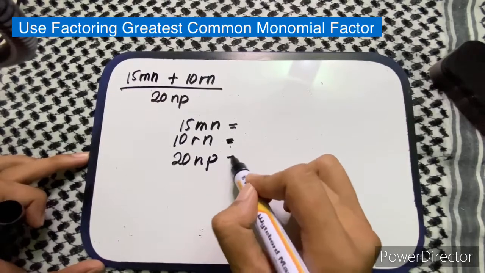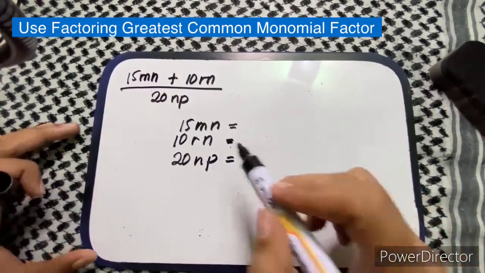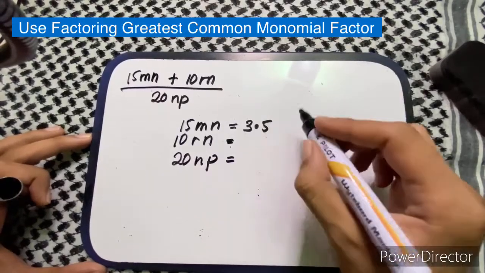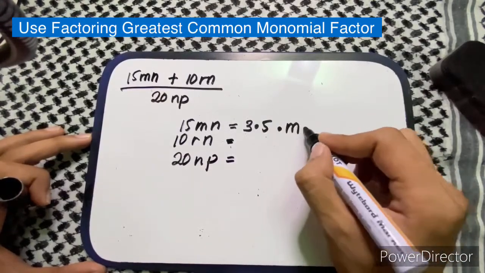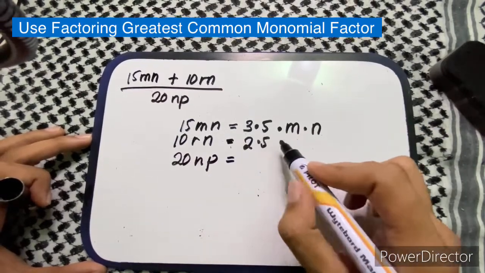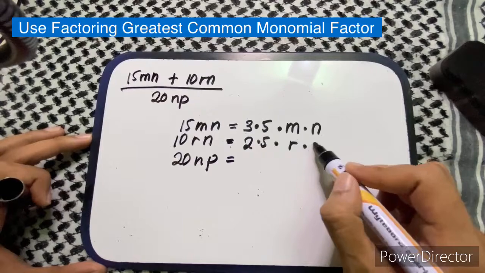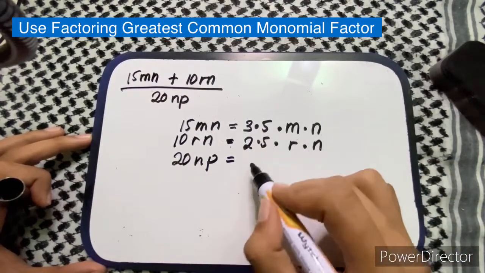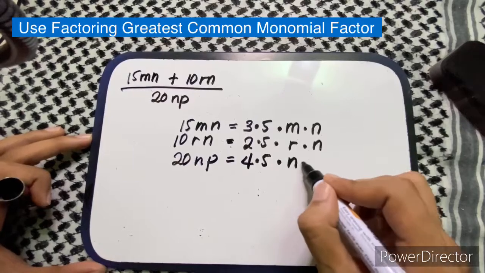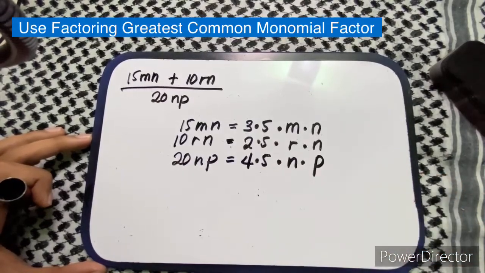We need to get the common factors. 15 is 3 times 5, then times m times n. 10 is 2 times 5 times r times n. Here 4 times 5 times n times p.